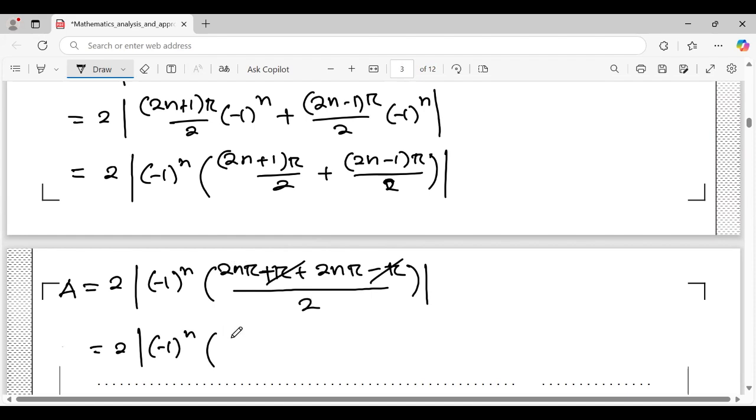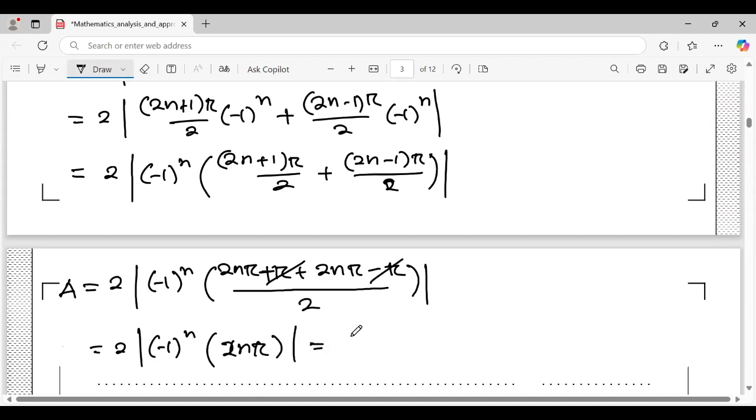So 4n pi divided by 2, not nr, n pi I mean. Divided by 2, and then after that, 4 divided by 2 becomes 2, because 4 divided by 2 equal to 2n pi.